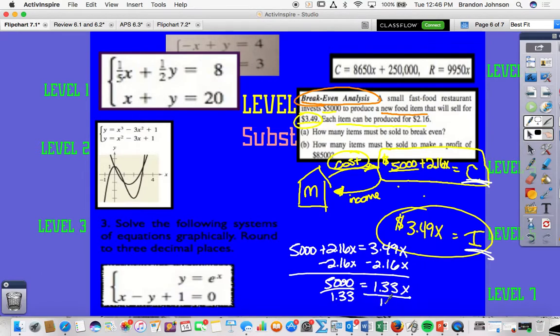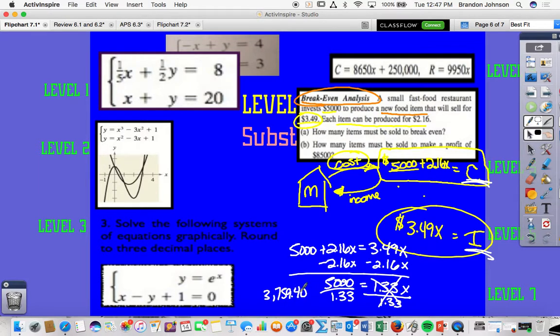Let's divide by 1.33 on both sides, so 5,000 divided by 1.33 gets us a specific value of 3,759.40.